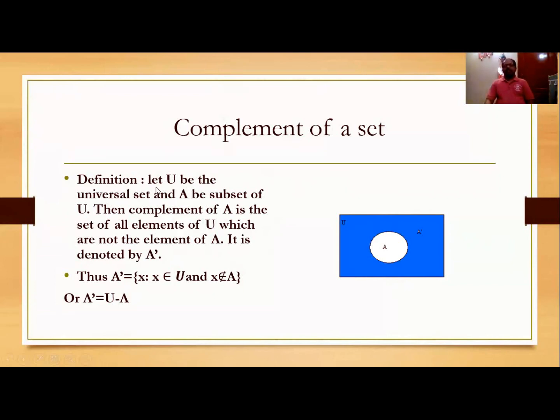Suppose we are given a set A and U is its respective universal set.